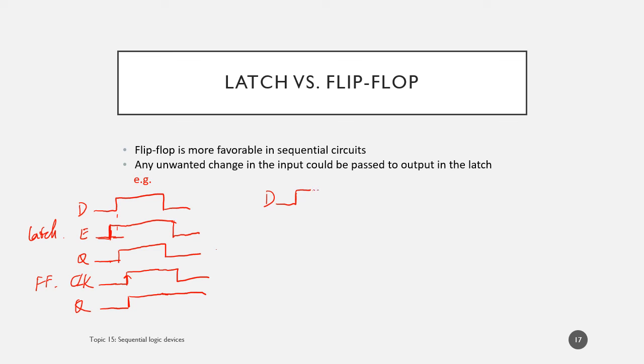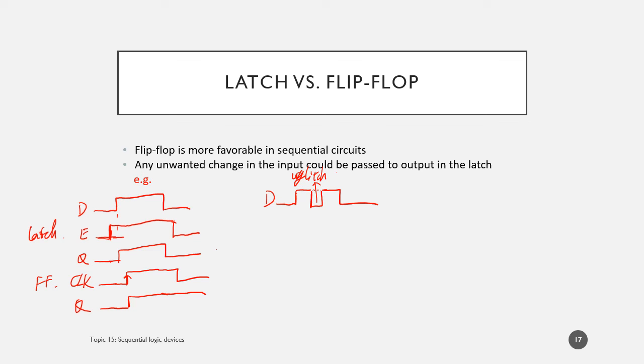So it should be 1 here, but it changed to 0 somehow, then back to 1. This part is the glitch. Somehow part of the signal changed.